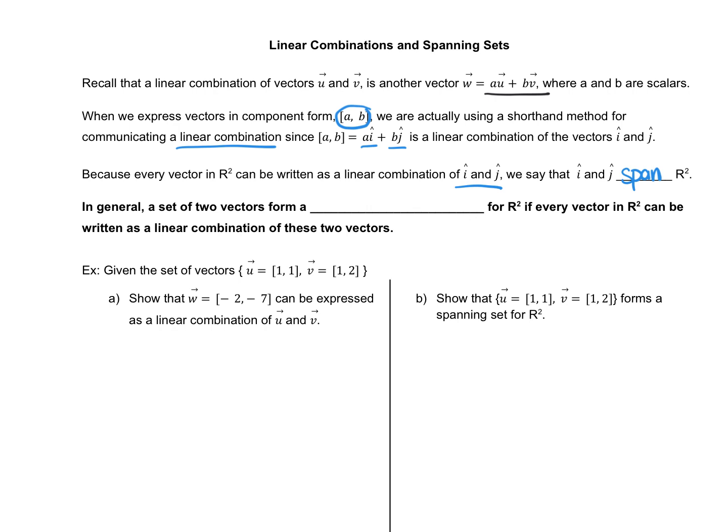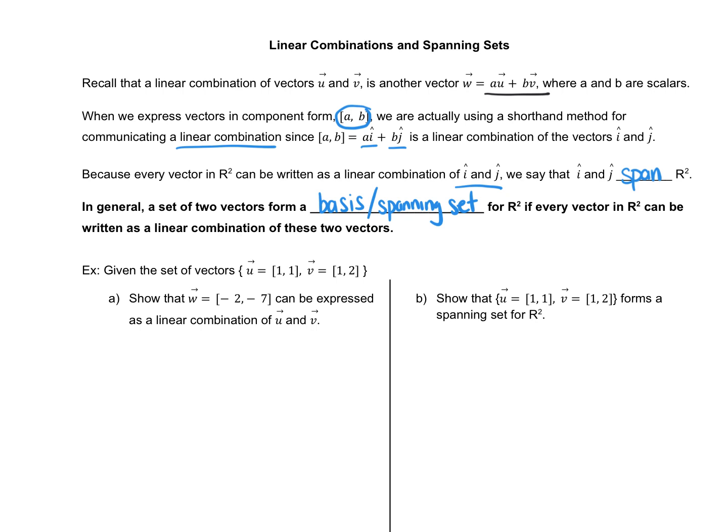In general, a set of two vectors form a basis or a spanning set for R2 if every vector in R2 can be written as a linear combination of these two vectors. So i and j form this basis or the spanning set because any vector can be written in terms of i and j.